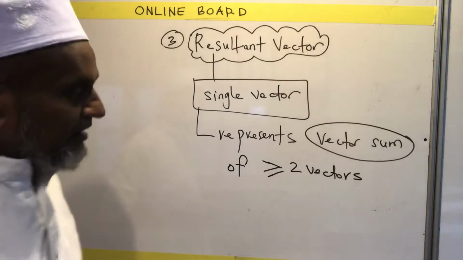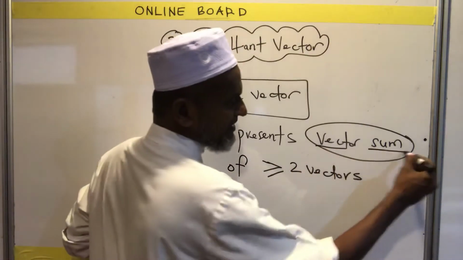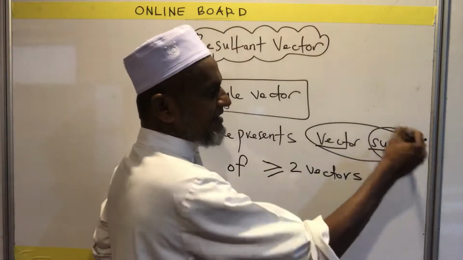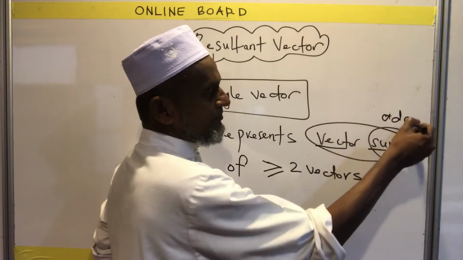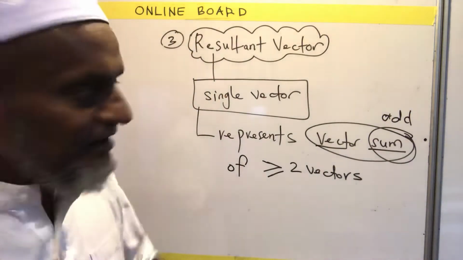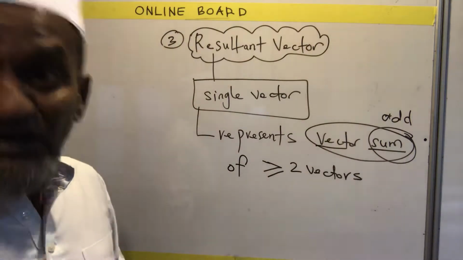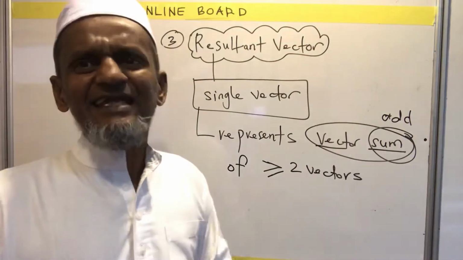Now this vector sum means, very simple. Sum, of course, means add. We are adding. How to add vectors? Adding vectors is only sometimes the same as adding numbers.